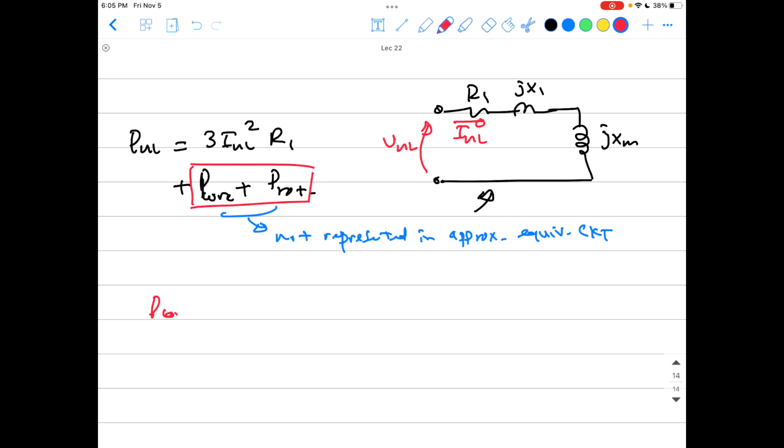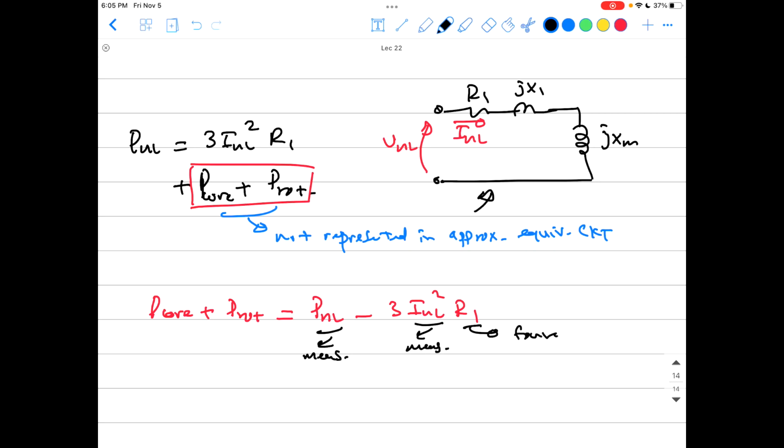So P core plus P rotational equals P no load minus 3 I no load square times R1. This one is measured and the current is measured, and R1 is found in the DC test. So everything is known here, and you can find those losses, the P core and P rotational.